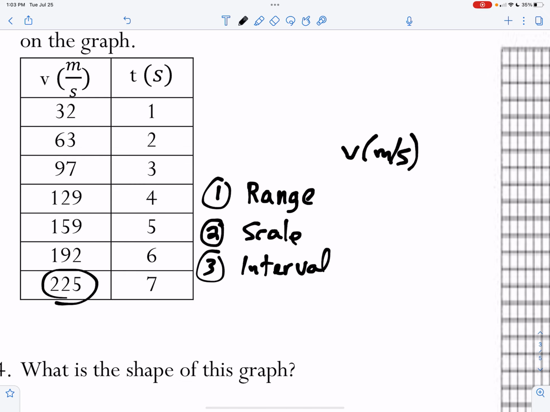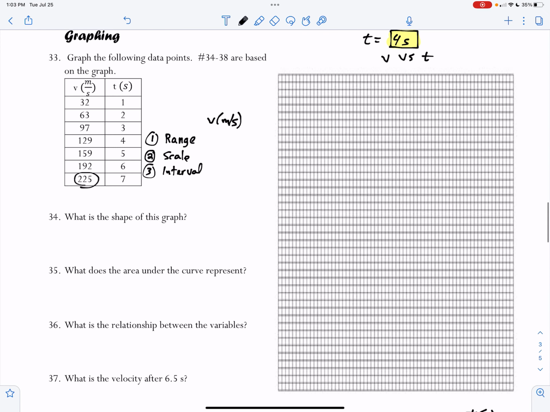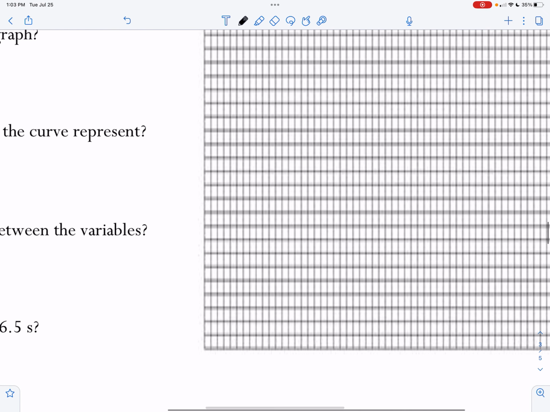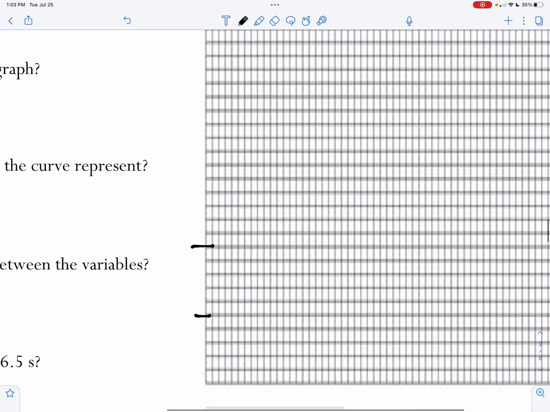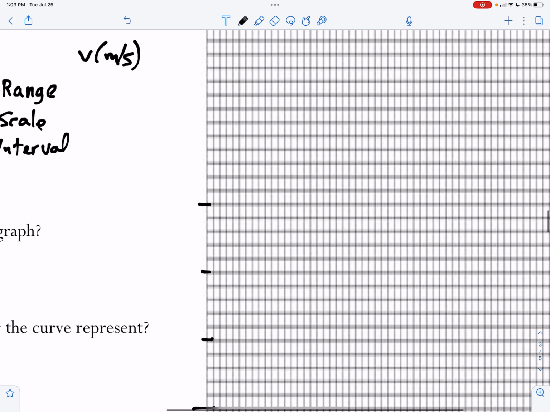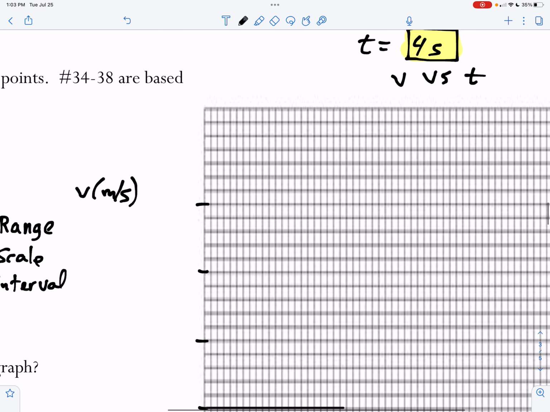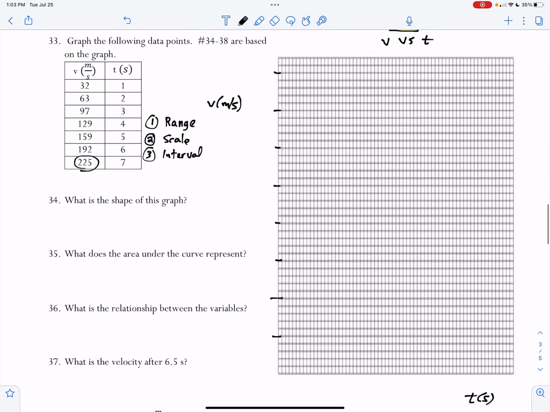I've got to go up to 225. Now, I counted these boxes, and let me just count them again. So we have 5, 10, 30. Grouping them off in 5s makes it easier to count them. Okay, so that looks like 42. 5, 10, 15, 20, 25, 30, 35, 40.